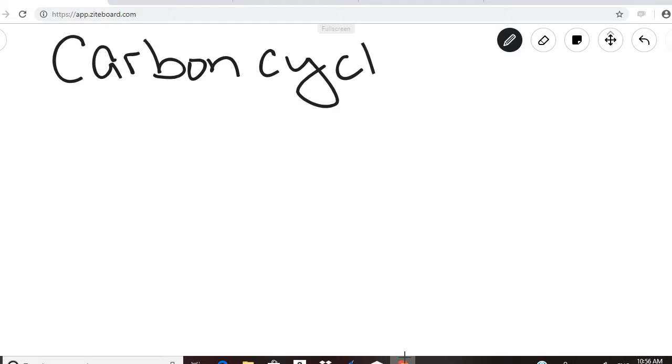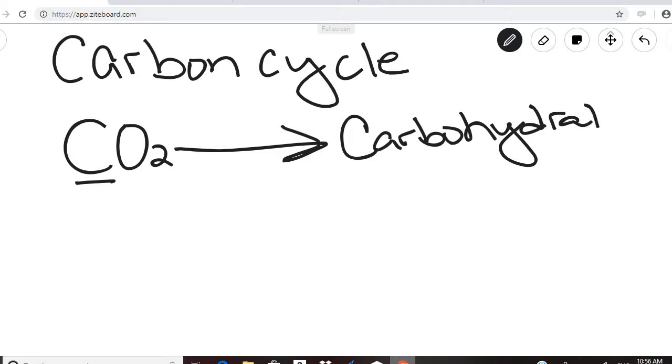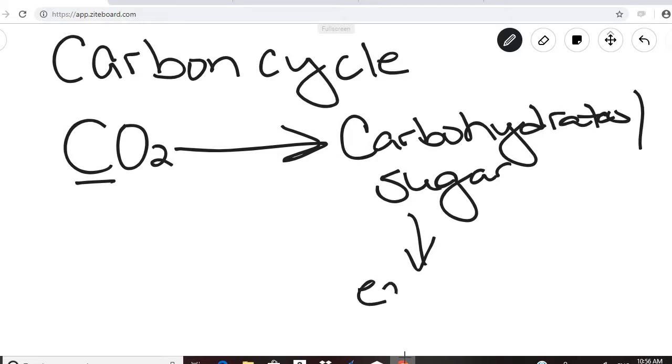So in the carbon cycle, you're taking carbon in the form of CO2, and you are converting that into carbohydrates or sugars, and then other organisms eat those.